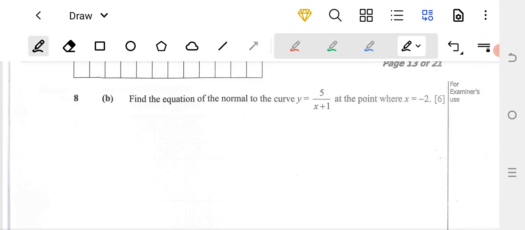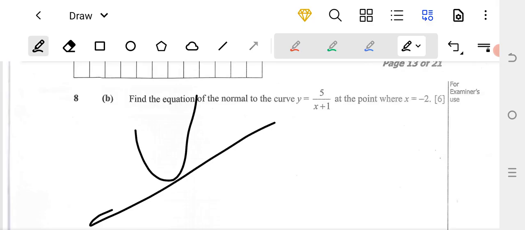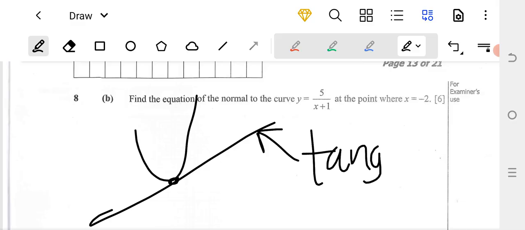So we have a curve, and then we have a line that touches the curve at one point. This line is what we call the tangent line.